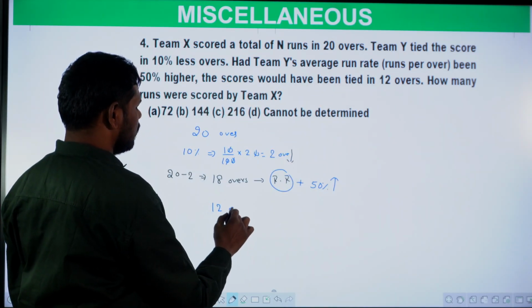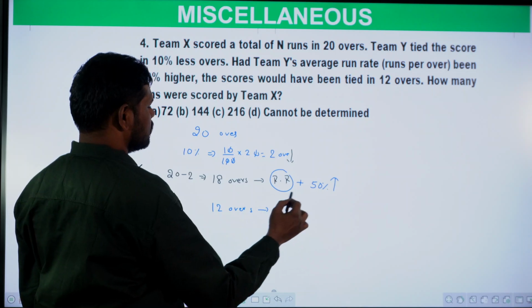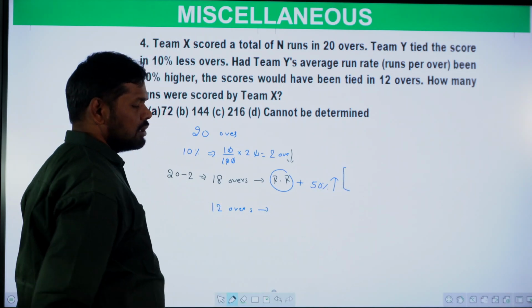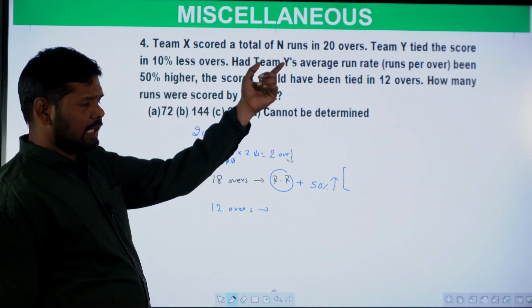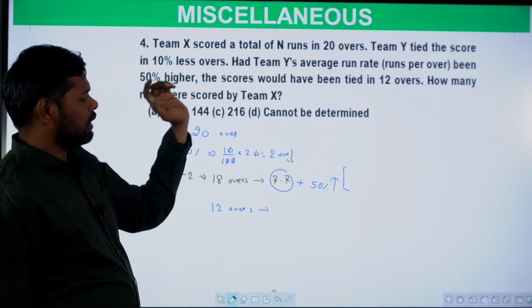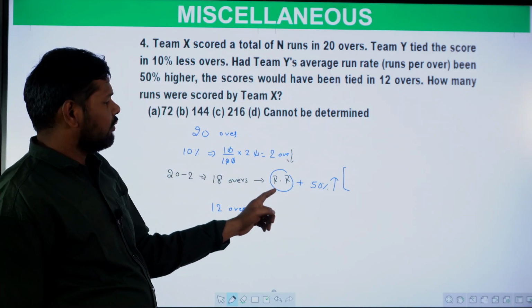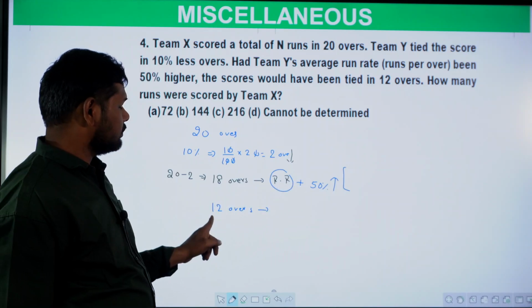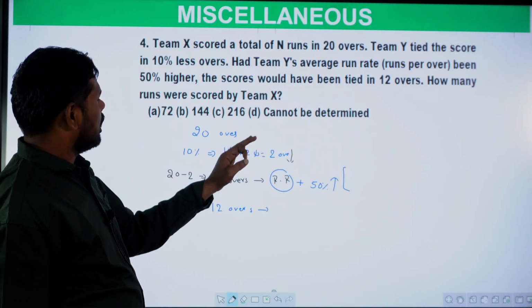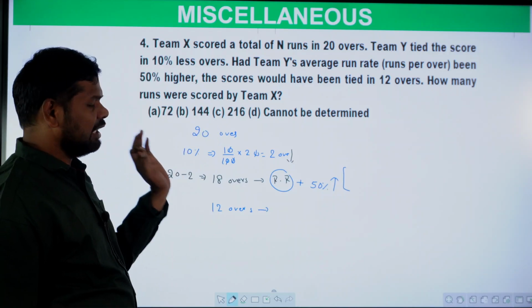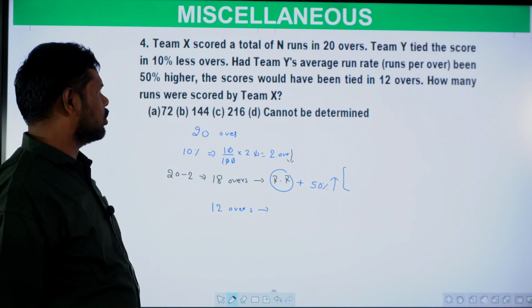In 12 overs only, they scored the same, right? Suppose they scored at a certain run rate, they got the same score as Team X scored in 20 overs. But if they scored at a 50% higher run rate, then they will tie the same score in 12 overs. How many runs were scored by Team X? That is the question.